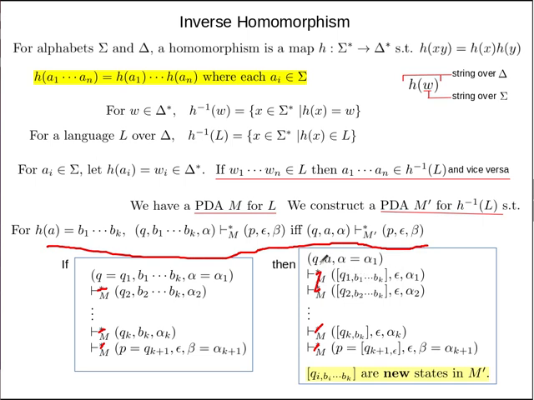And then the state changes to something, and this looks very complex. It contains this q1 and also the subscript b1 up to bk, so lots of symbols, but this whole thing in the square bracket is just the name of one state. We are just naming the state with this very complex label, but this is just one label for one state.